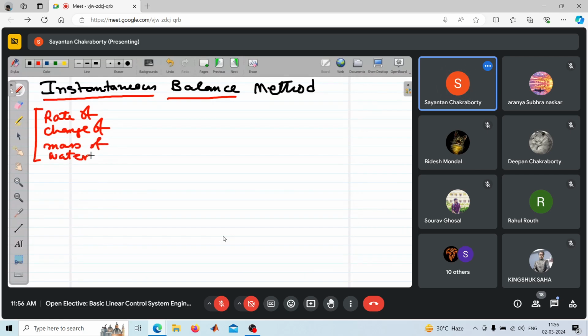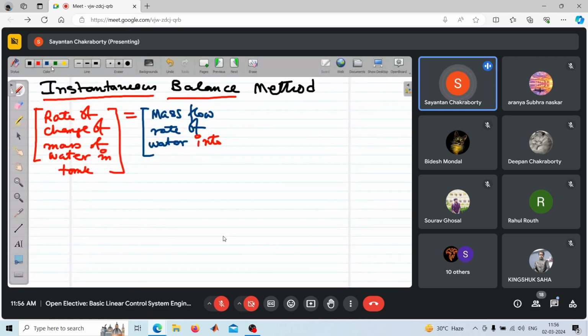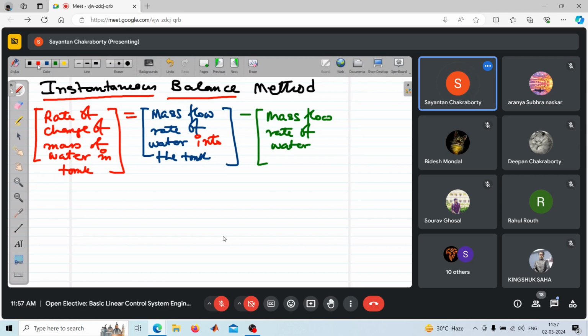So you can write down that rate of change of mass of water in tank is equal to mass flow rate of water into the tank minus mass flow rate of water out of the tank.